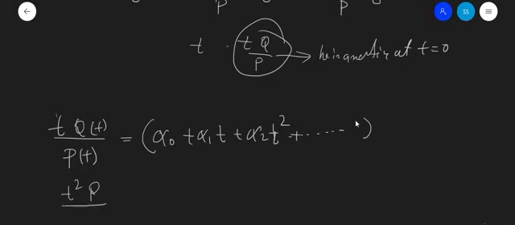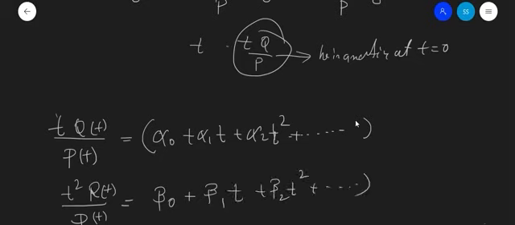So yeah, now also t squared r by p, this function is also analytic at t equals to 0. And let's say I'm writing another power series around t equals to 0, and I'm naming the coefficients as beta 0, beta 1 t, beta 2 t squared, and so on, right?